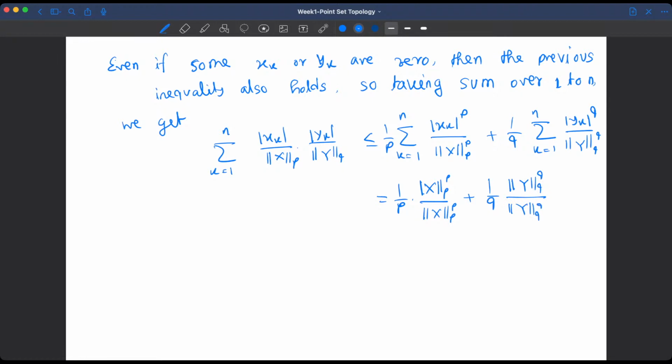So this is just 1 over p plus 1 over q, which is 1. So that's what we wanted. Again, taking out those two constants, the norms x_p and y_q, the sum over k equal to 1 to n of xk yk is at most norm x_p times norm y_q.